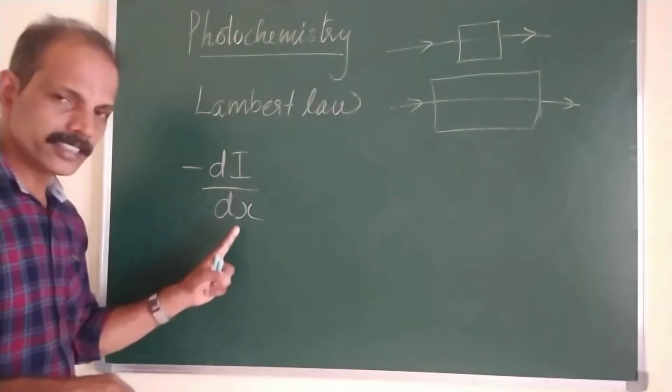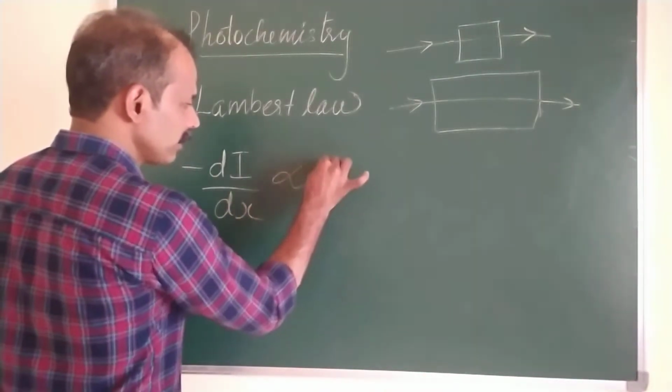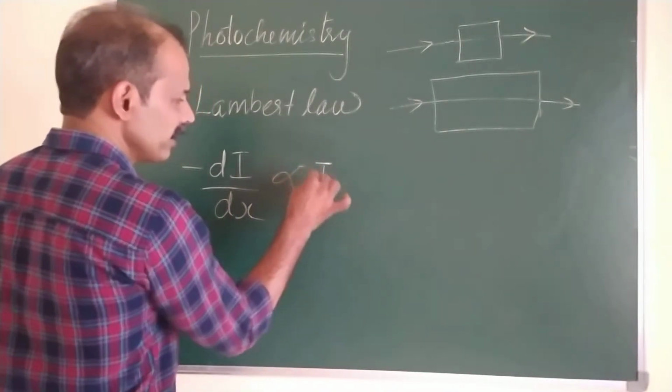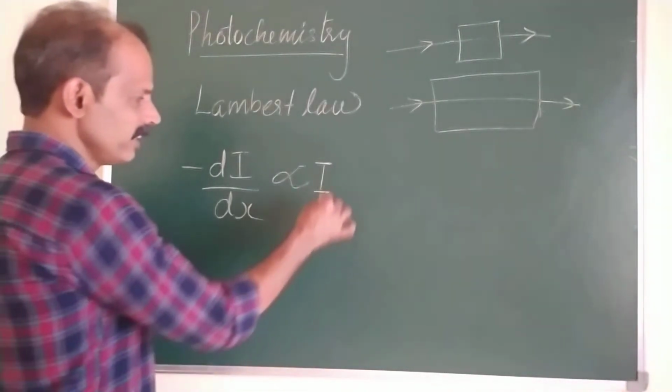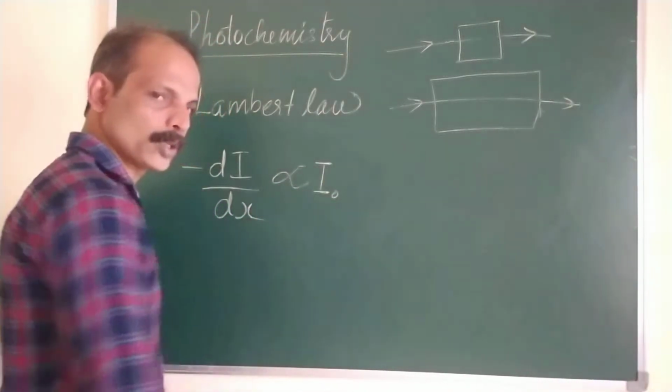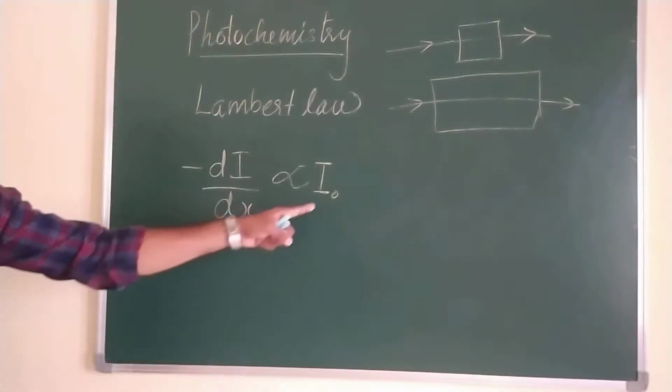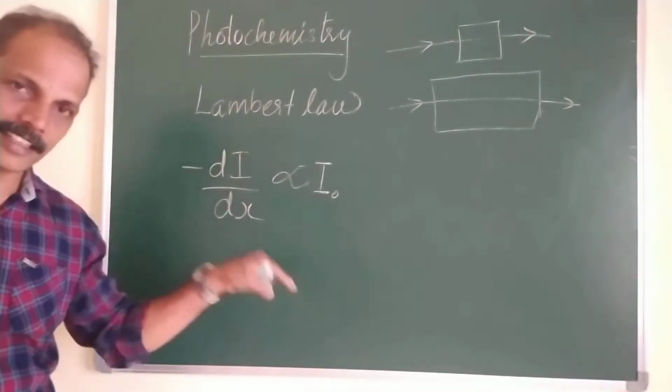The decrease in intensity with thickness is proportional to the intensity of the incident radiation, I0, where I0 is the intensity of the incident radiation.